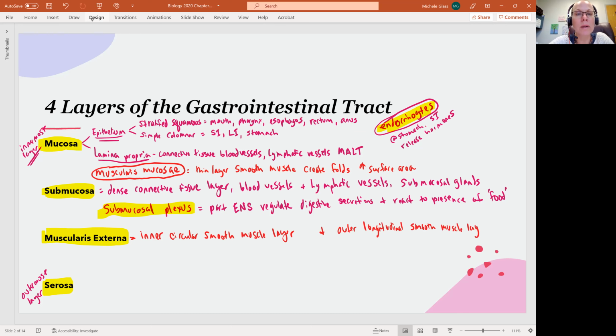So we're getting smooth muscle, but we are getting it oriented in different directions. And what we'll see is that will give us different kinds of movements. When we talk about the muscularis externa, we will see that it's involved in mechanical digestion.